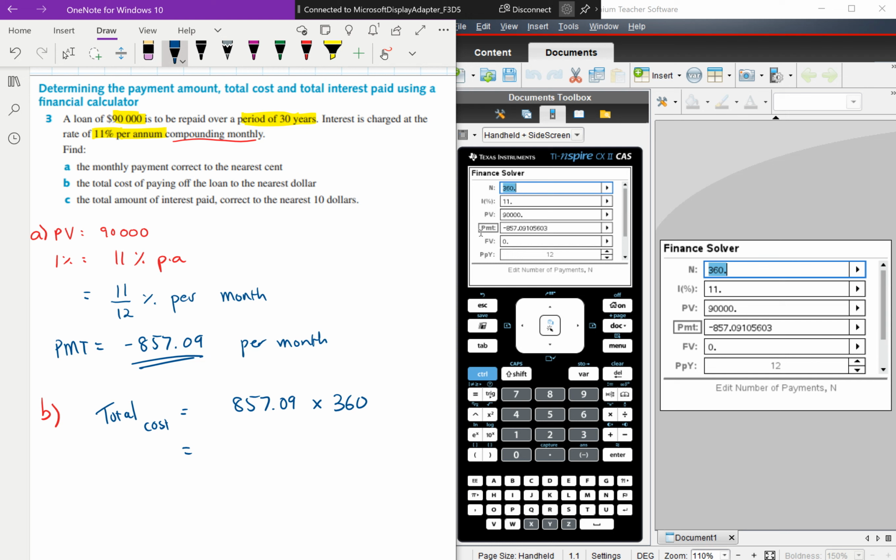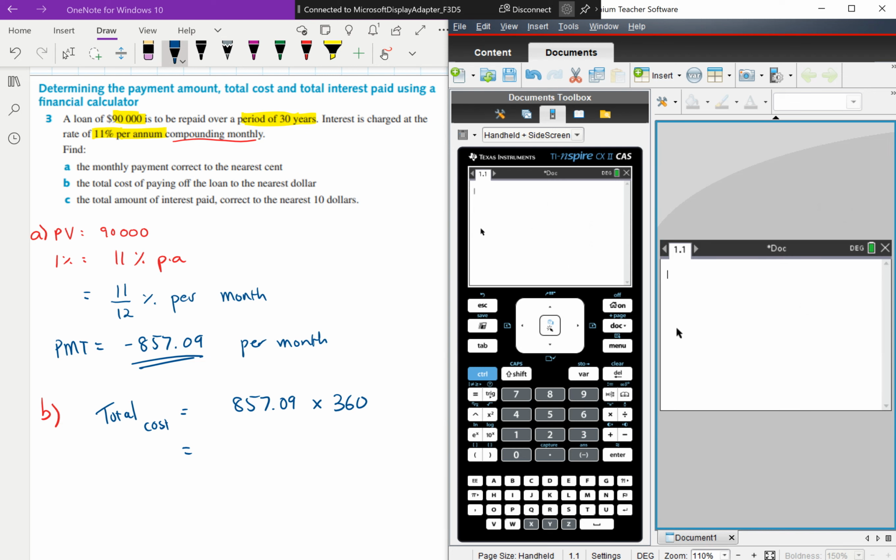So what you'll find is, if I go back to my calculator, press escape if you want to get out of Finance Solver, and you can see here 857.09 multiplied by 360 gives me the total amount, which is $308,552.40. Now that's crazy because you borrowed $90,000, but over the course of 30 years, you now pay back $308,000.